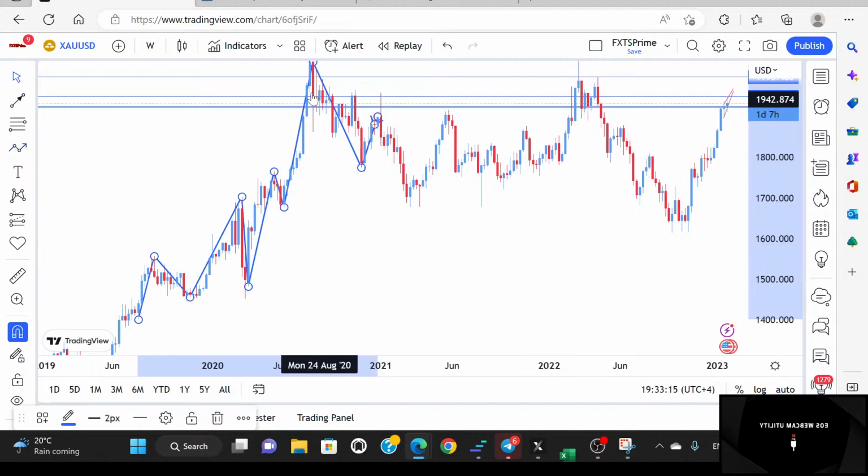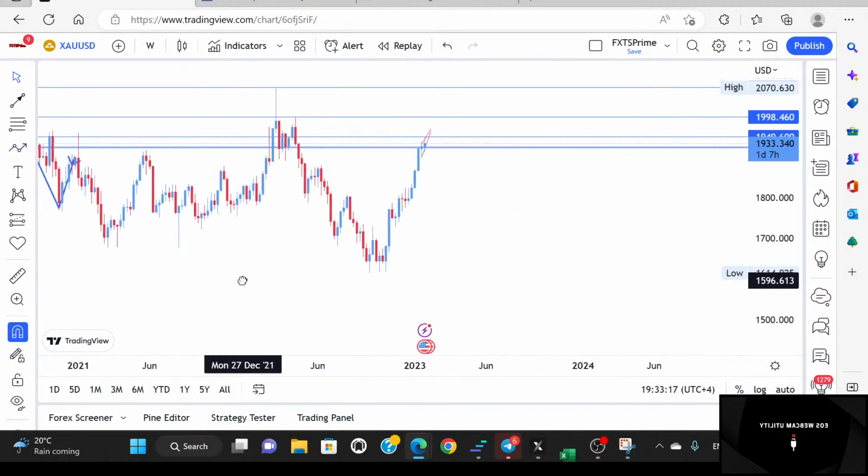So now, if you compare this with the history, you see swing low, high, swing low, high, swing low, then high. If you compare this with the history, you will find that this movement is abnormal. This movement is abnormal, and this is manipulation from the bankers and the institutions because they want people to buy the gold.